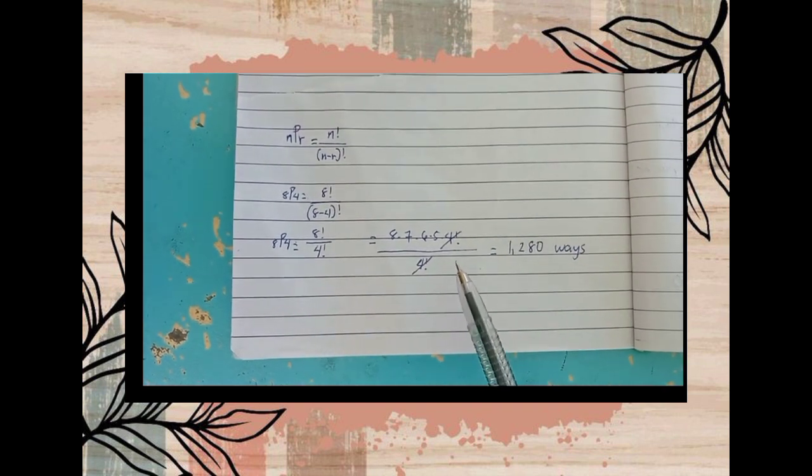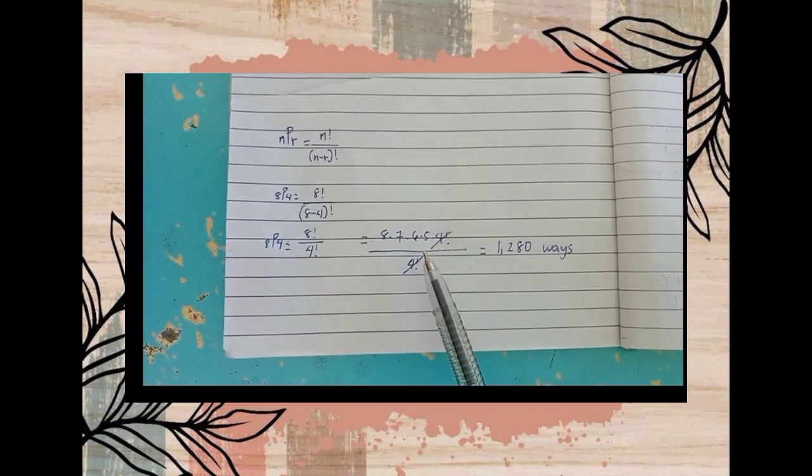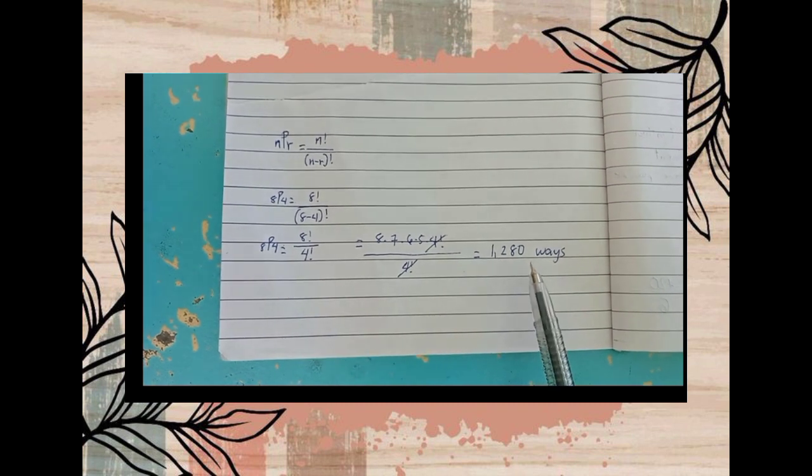Then eliminate 4 factorial and 4 factorial, then 8 times 7 times 6 times 5 equals 1680 ways.